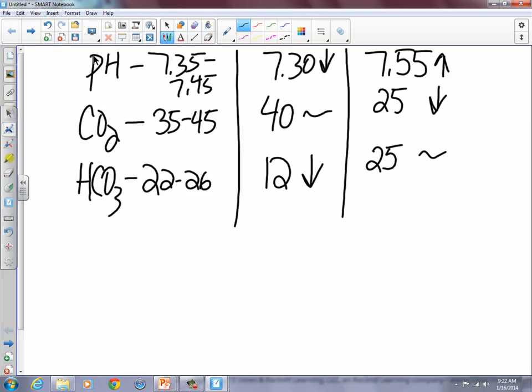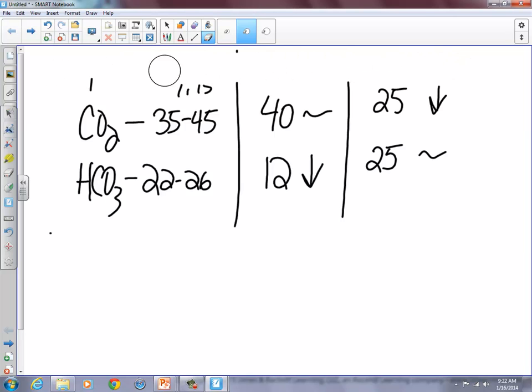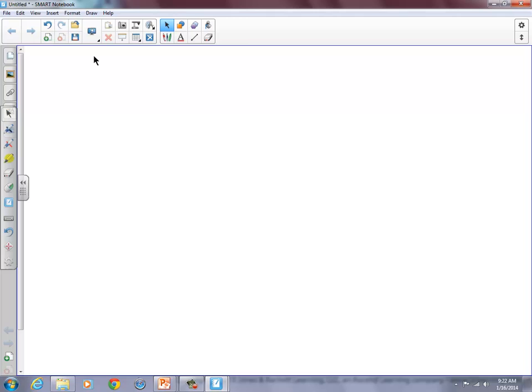So, one thing to look at when you actually look at blood gases is you can look at the arrows.